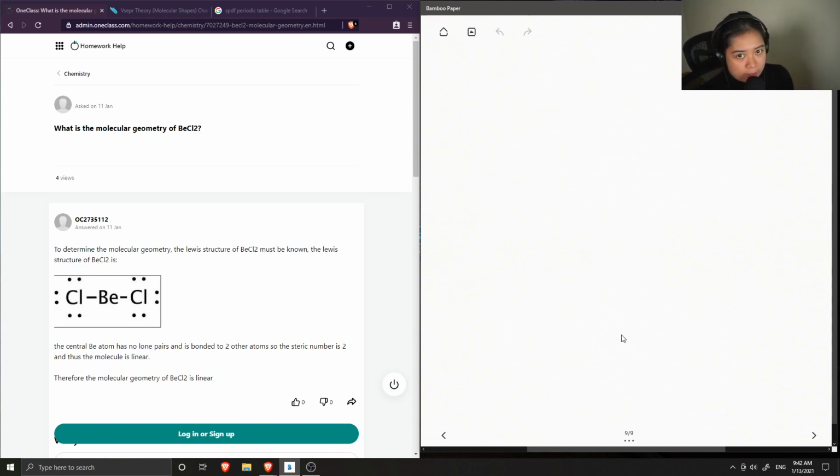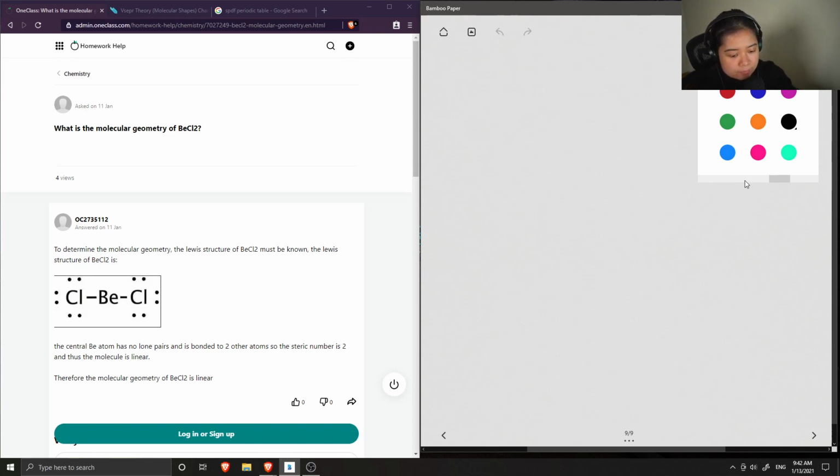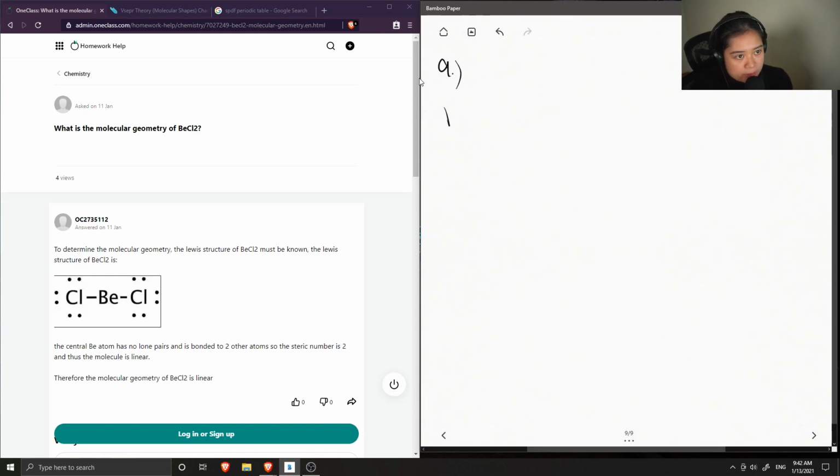Okay, so question 9. What is the molecular geometry of beryllium dichloride? So first, let's find the total number of valence electrons for this structure. So our chlorine atom contains 7 valence electrons, and since there are 2 of them, we multiply this by 2.